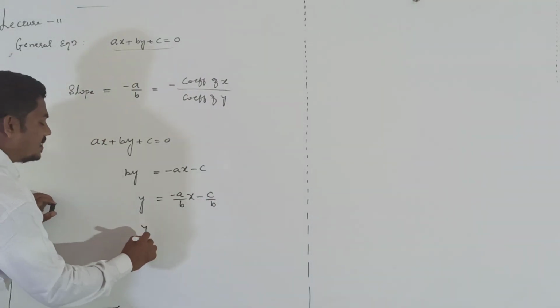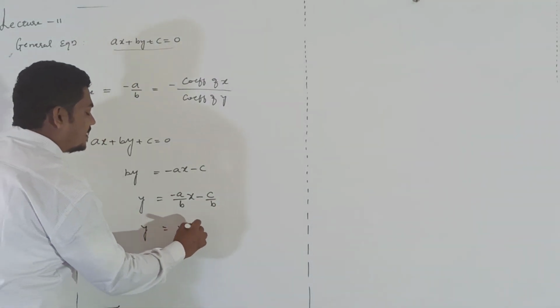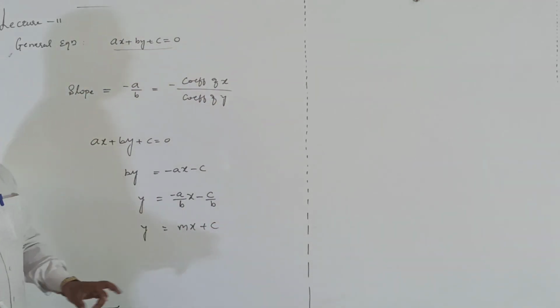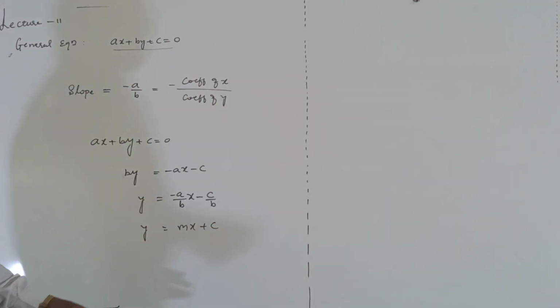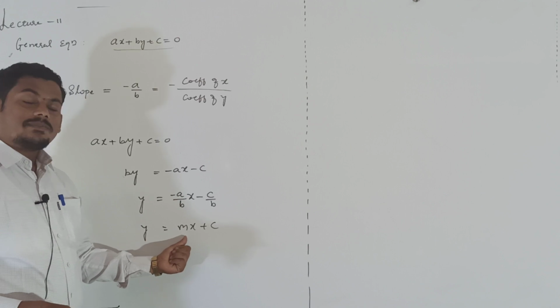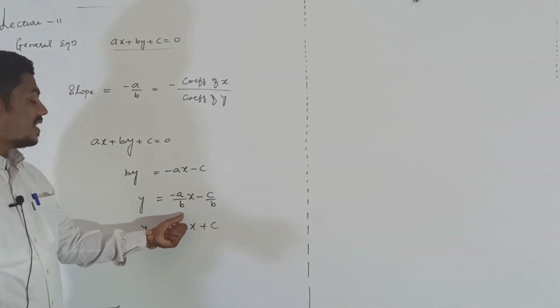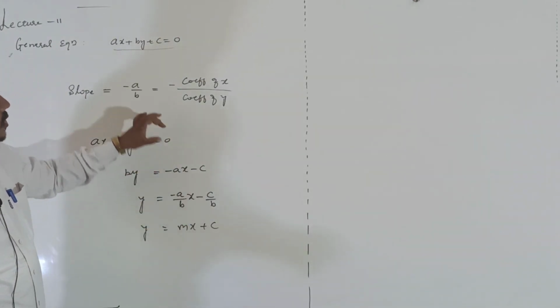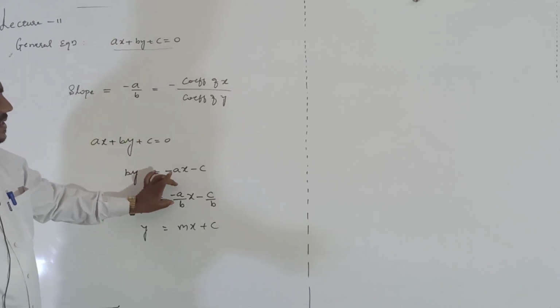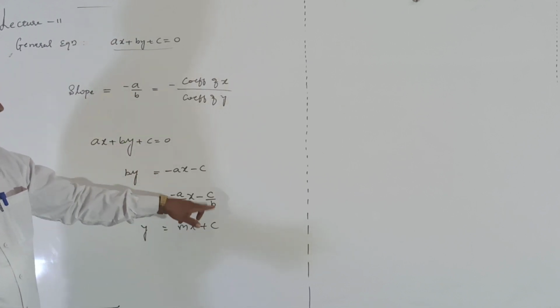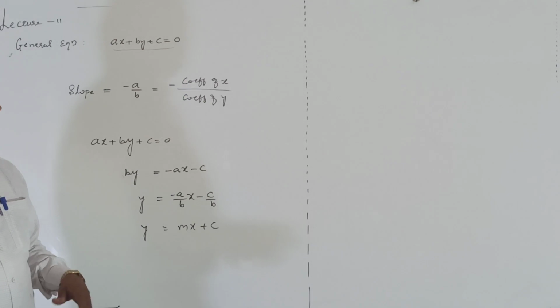Now comparing with y equal to mx plus c, what is m? M is the slope. In place of m we have minus a by b, which means the slope of this line is minus a by b, and the y intercept is minus c by b.